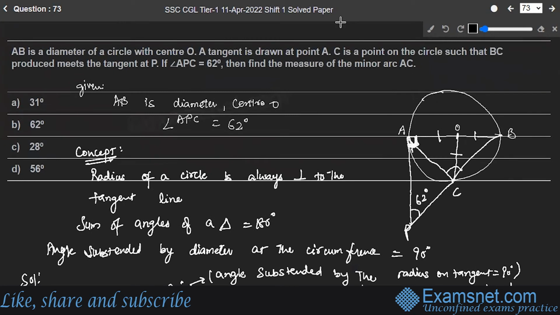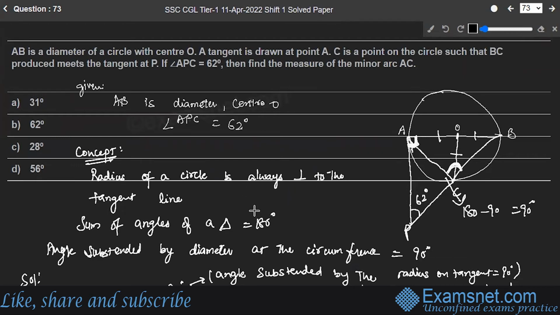The reason is the radius always subtends a 90-degree angle on the tangent of the circle. Also, this angle ACB is equal to 90 degrees. Why? Because a diameter always subtends a 90-degree angle on the circumference of the circle.